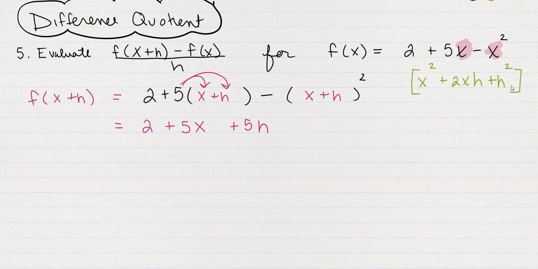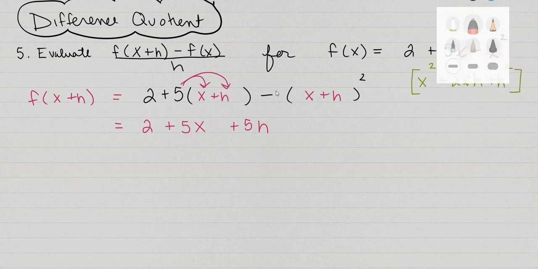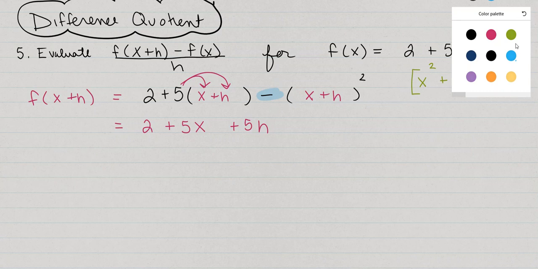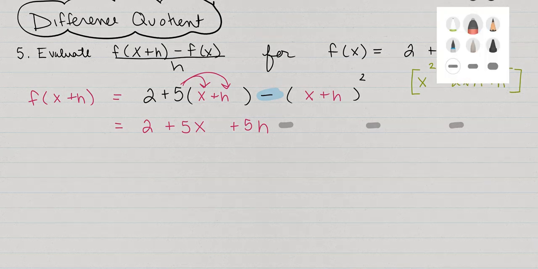You could try foiling it out. But what I'm going to be really, really thoughtful of here, and I'm going to highlight it here, is that I've got to subtract all of those, right? So here's what that's going to look like when I write it out. It'll be the opposite, opposite, and opposite.